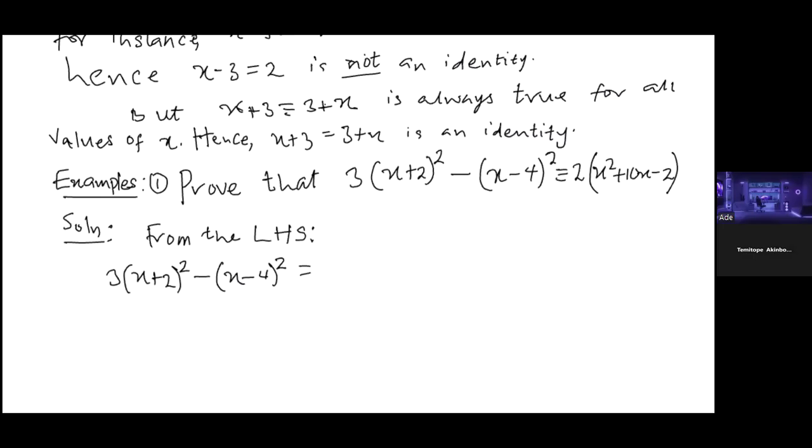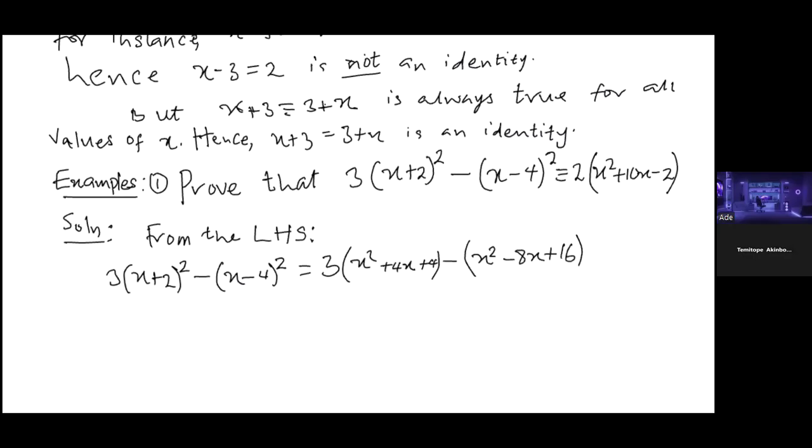If I open up this x plus 2, that will give me x raised to the power of 2 plus 4x plus 4, minus, still retain the bracket because of the minus. Open up the bracket here, you have x raised to the power of 2 minus 8x plus 16.